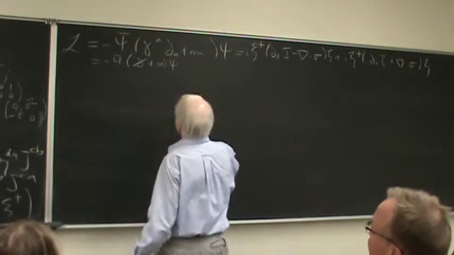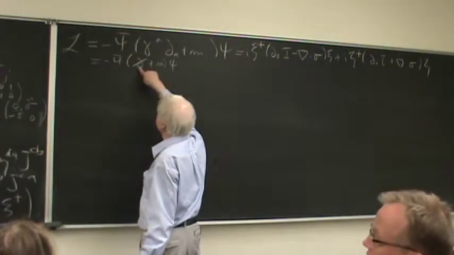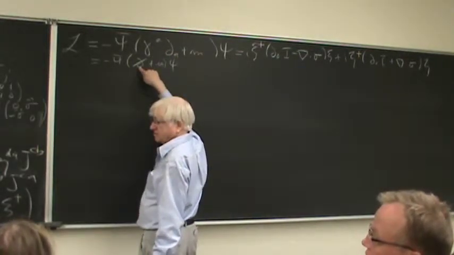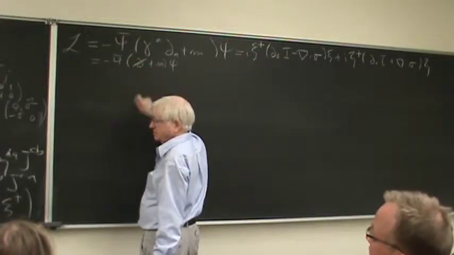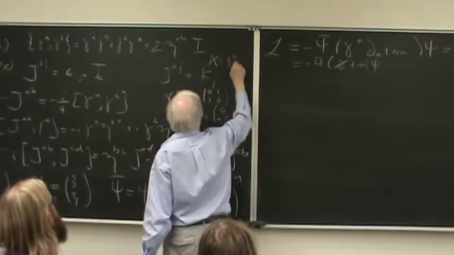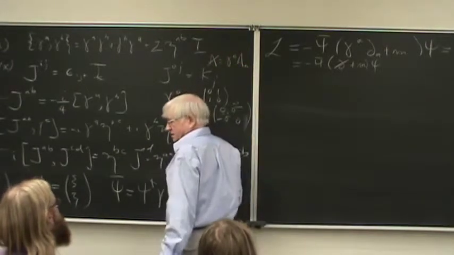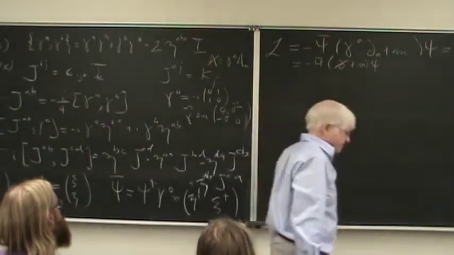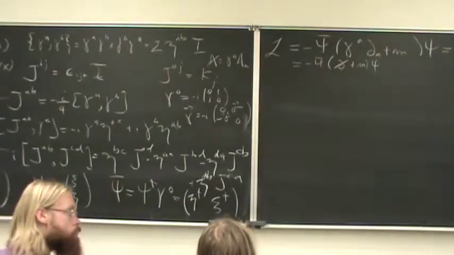The slash: instead of writing gamma A dA, you just write D slash. That's all. And for example, A slash is gamma A. So it's a cute notation.